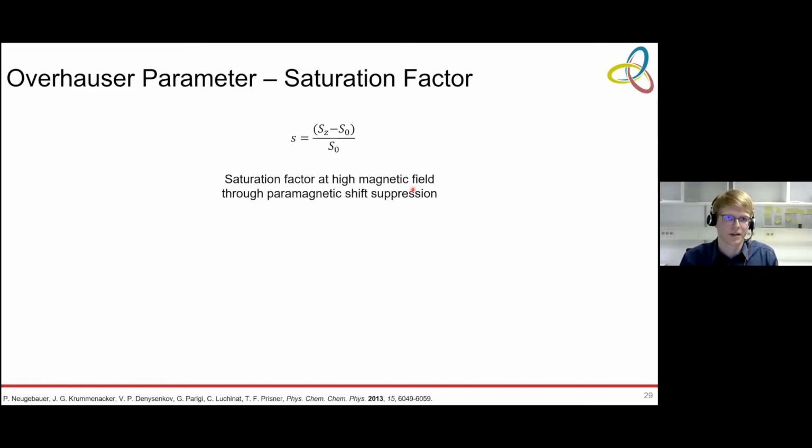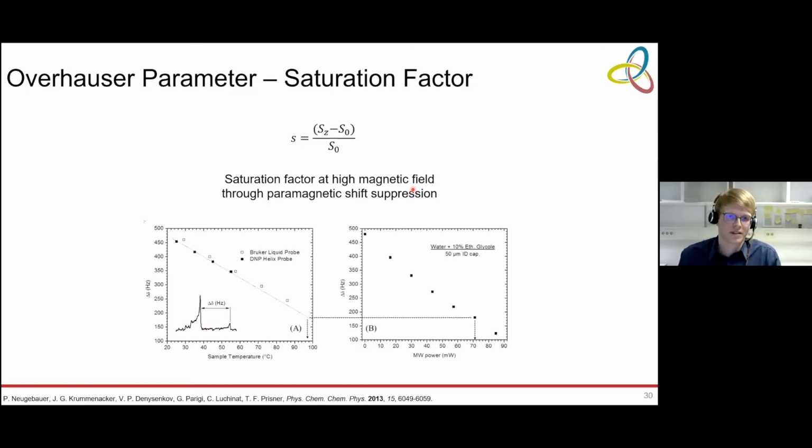And in order to do that, you first need to subtract the temperature contribution of the microwave to the sample. This can be done through measuring the temperature from an internal standard. Here in this case, it was water and ethylene glycol, I think.